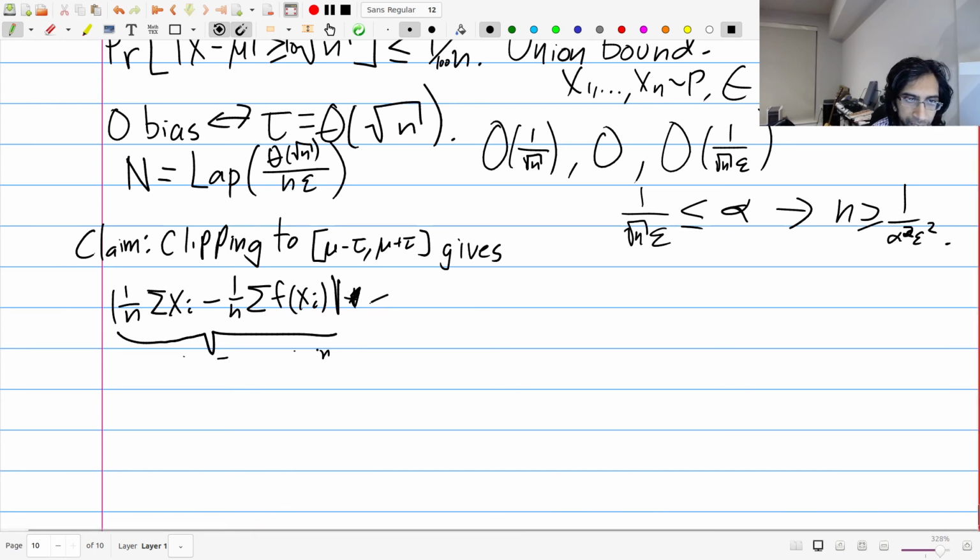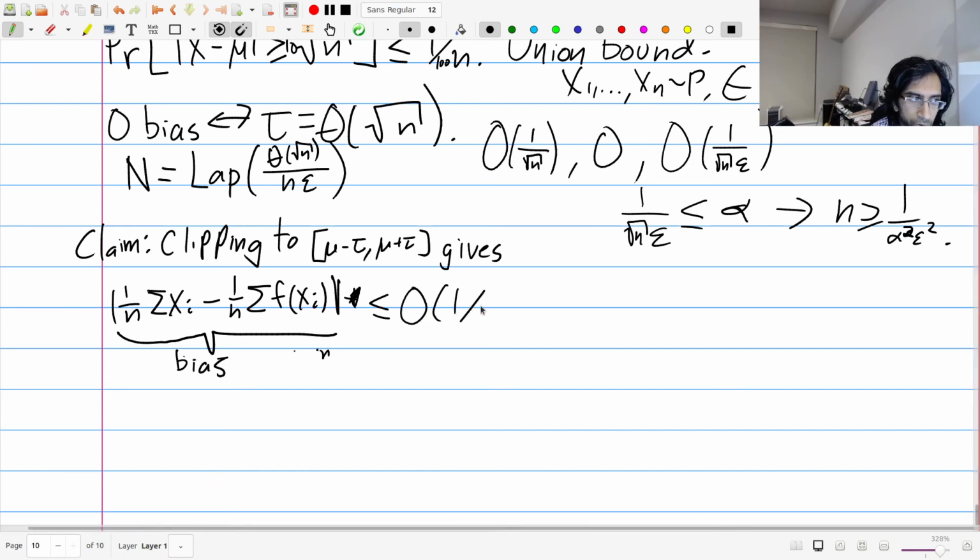It turns out that it's possible to show that the bias introduced here is going to be O of 1 over tau, roughly. It's not too hard to prove this, but we won't do it here today.